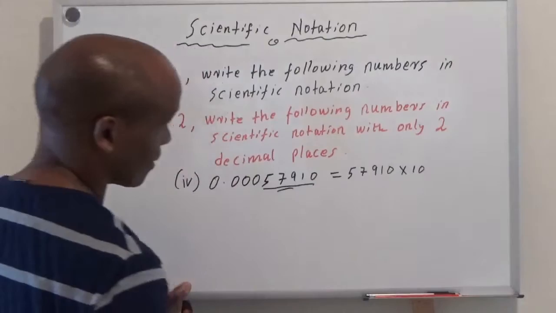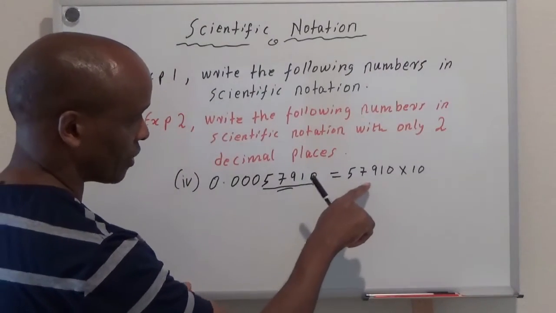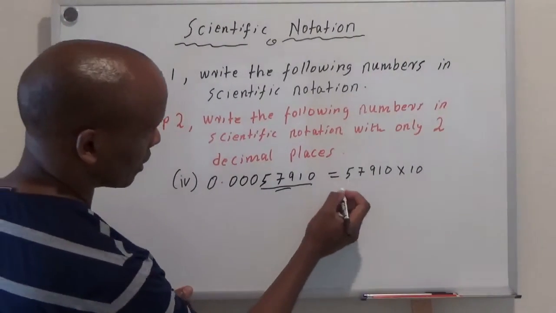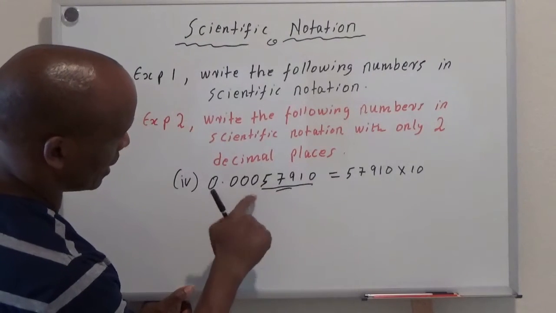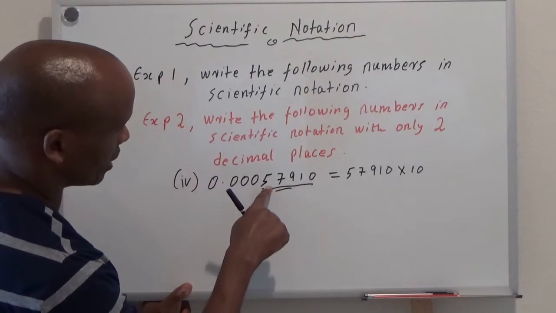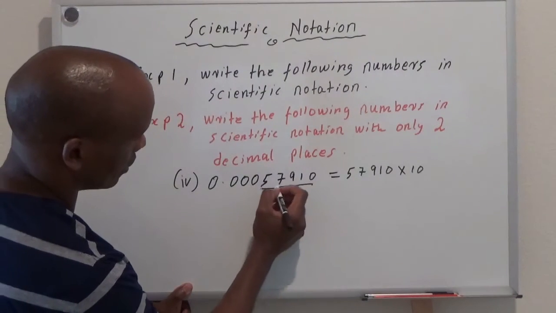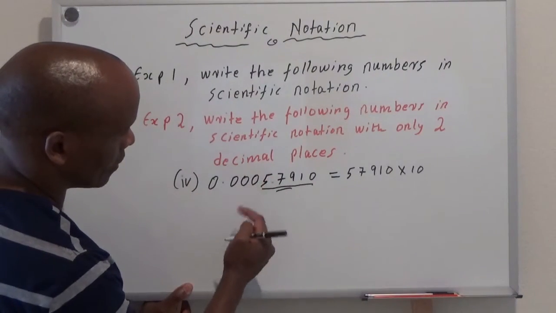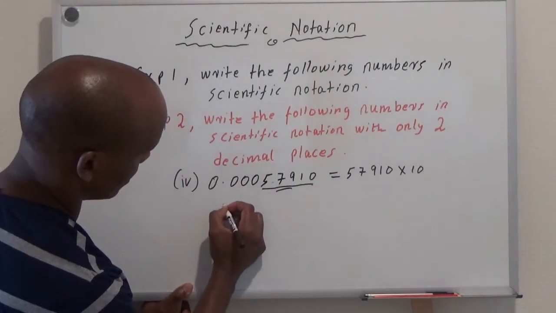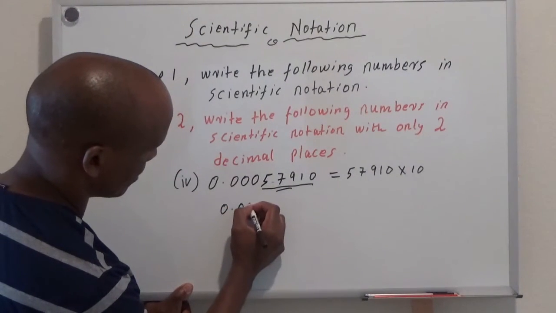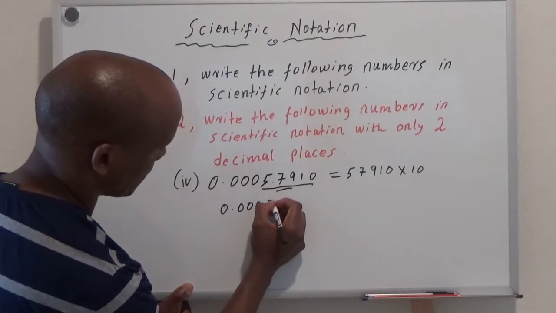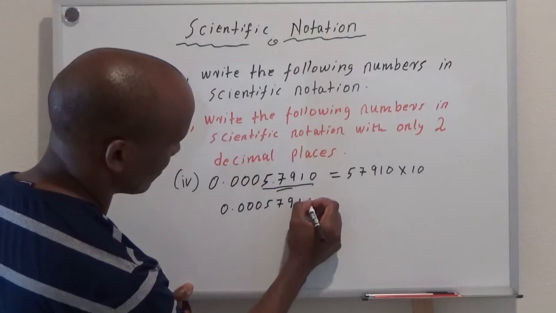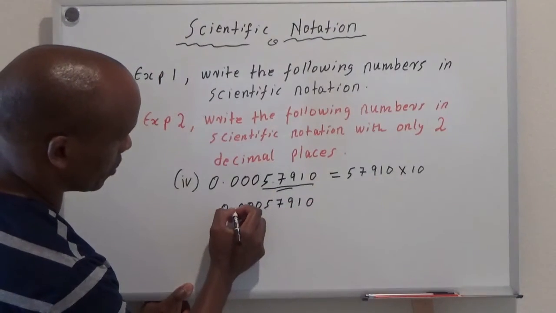I know it's going to be the product of a number between 1 and 10 and 10 to the power of something, which I don't know yet. So I come back to my number. I need the number between 1 and 10. The only way to get it is to have the point right there. So I write my number again: 0.00057910.